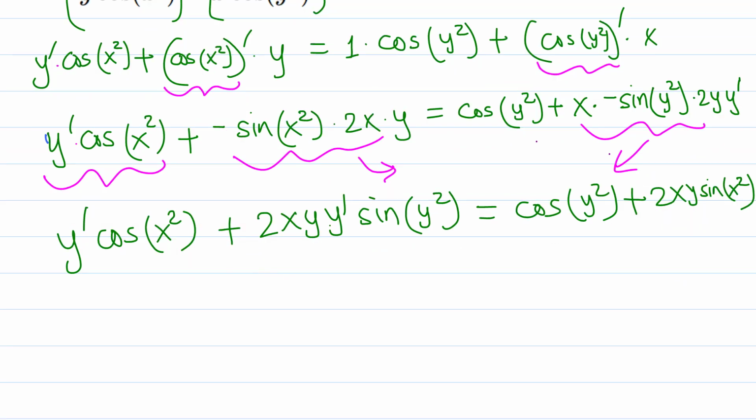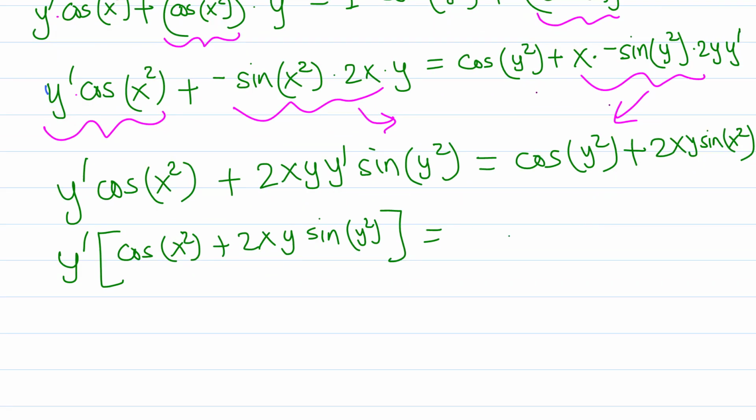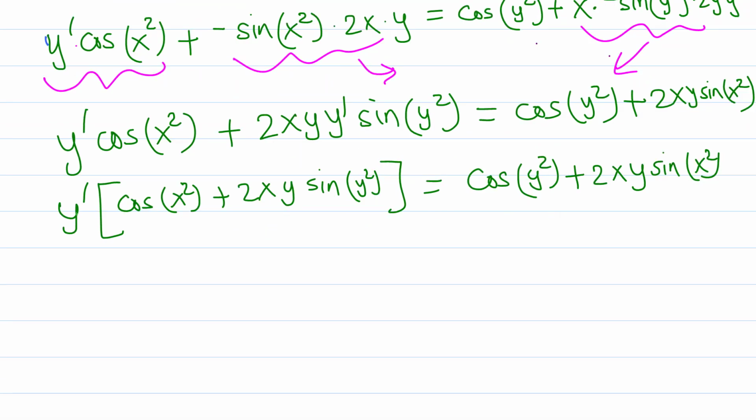Now we factor y prime. That was the purpose of bringing this term. So y prime out, that leaves cosine x squared plus 2xy sine y squared, equals these two terms, not doing anything here, cosine y squared plus 2xy sine x squared. I'm just copying this here, and now I need to divide both sides by this factor to isolate y prime.